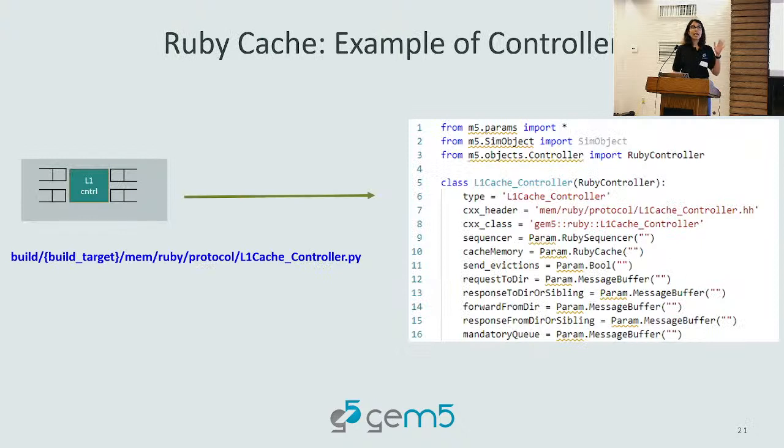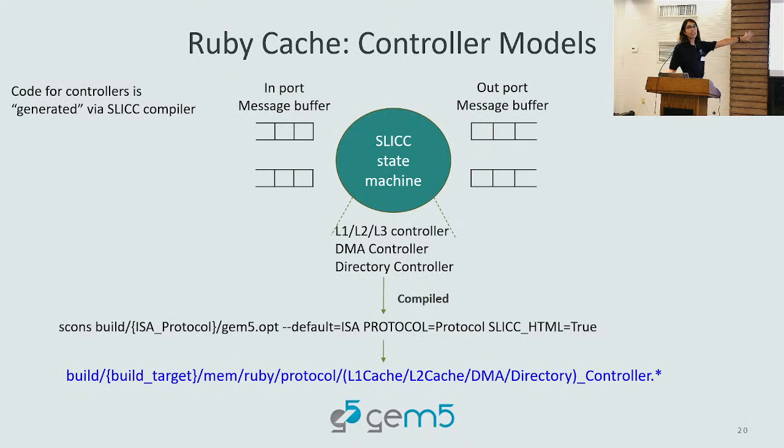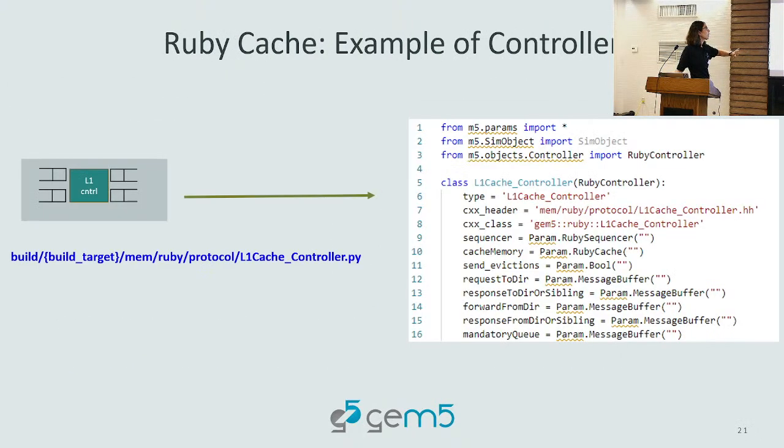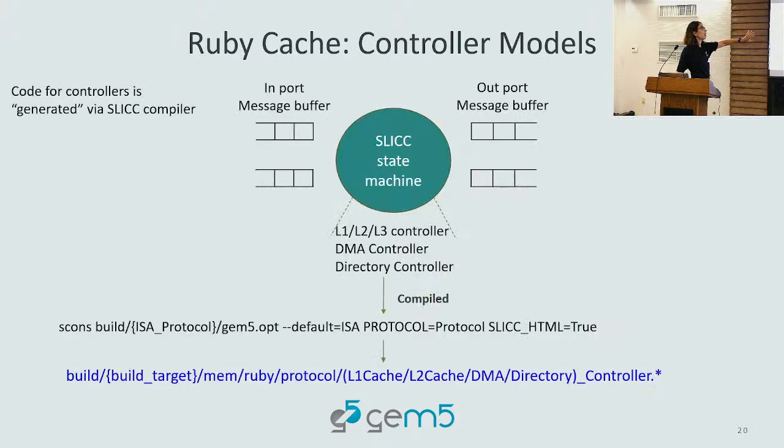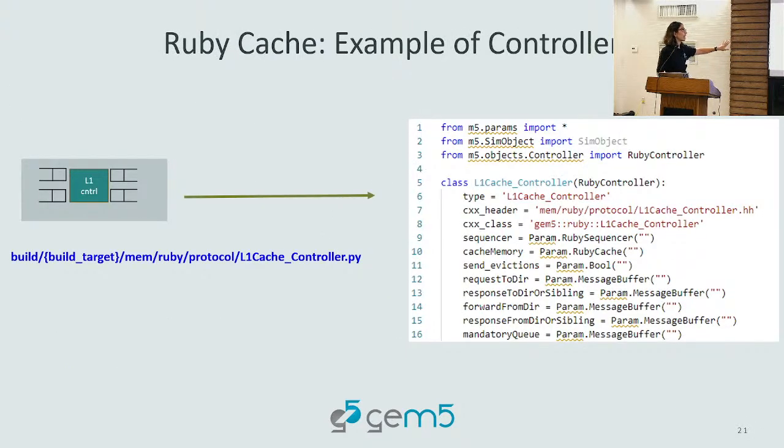All right. Okay, so let's see how, when we compile this, it's going to look in your build directory. For instance, for the L1 cache, like I mentioned, we have a SLICC state machine, which is connected to a bunch of message ports. Now we sort of replace this SLICC state machine with the L1 controller.